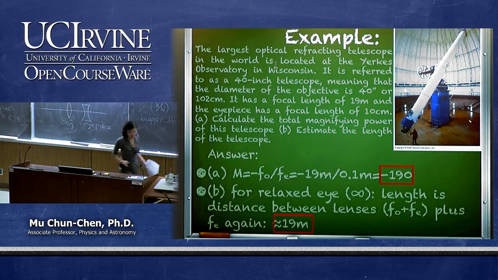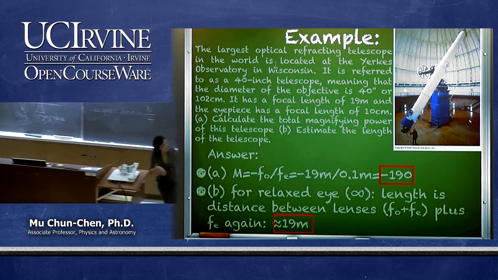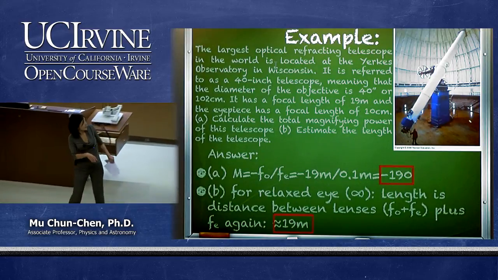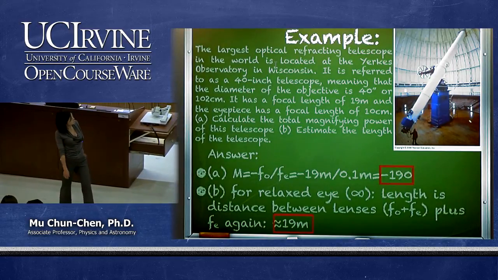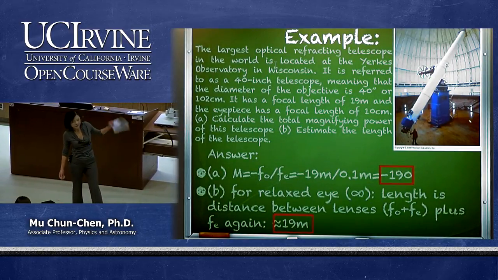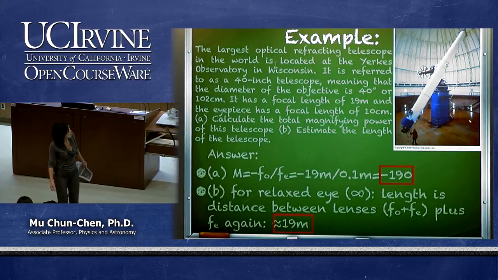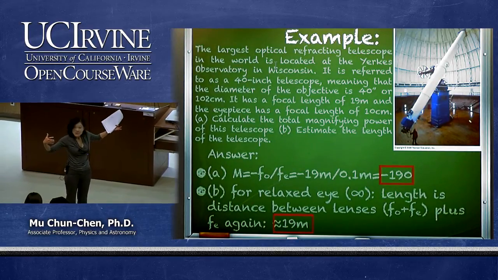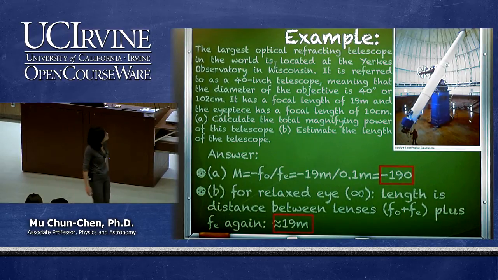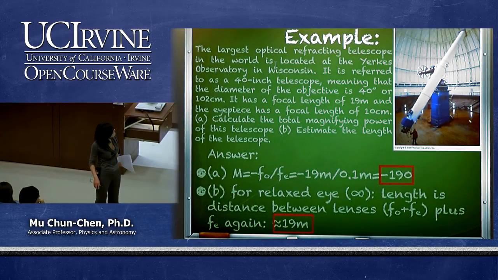Okay, so one example. The largest optical reflecting telescope in the world is located somewhere in Wisconsin, and it is roughly 1 meter in diameter. Yes, it's 102 centimeters.